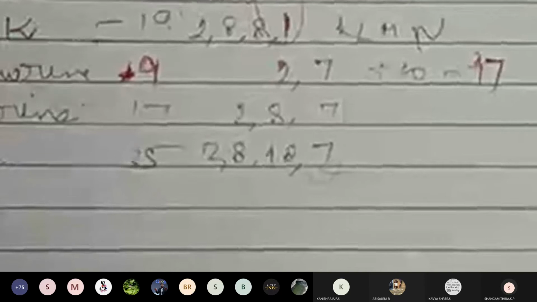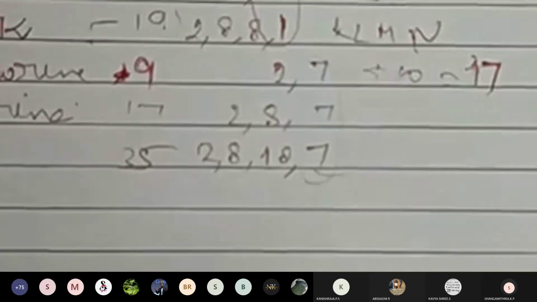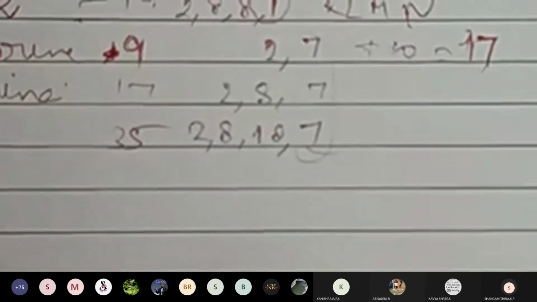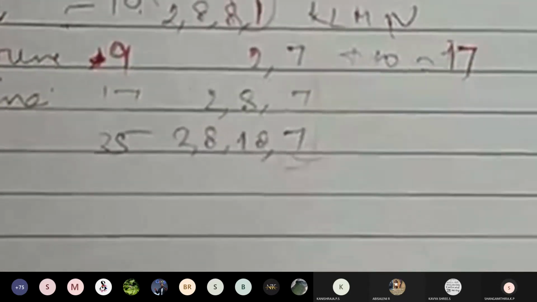In the modern periodic table, a unique position has been given to hydrogen. In Mendeleev's periodic table, there was a confusion in giving a place for hydrogen. But in the modern periodic table, a unique separate place was given to hydrogen. It is kept at the top left corner because of its unique characteristics.